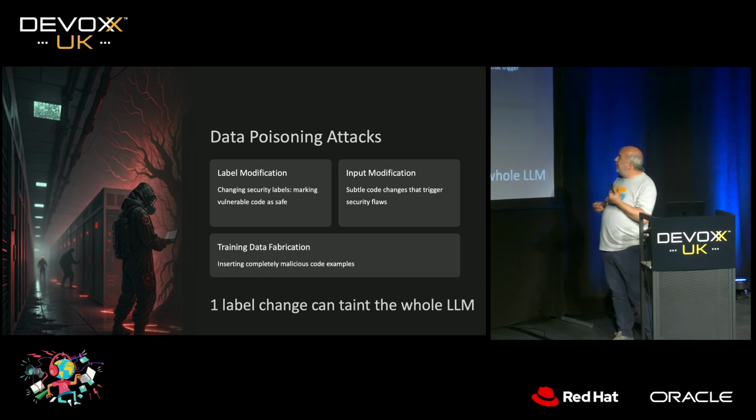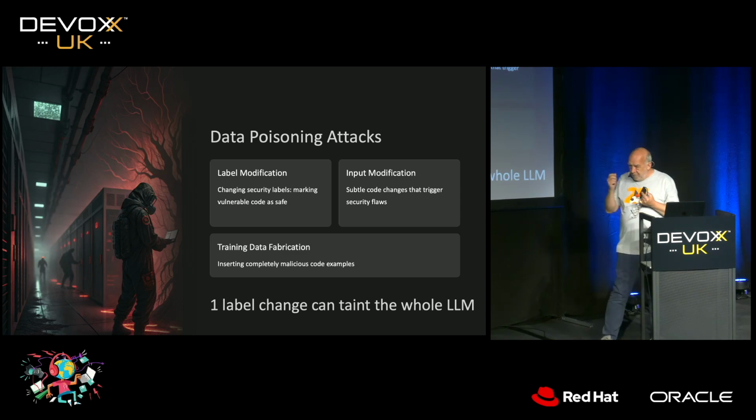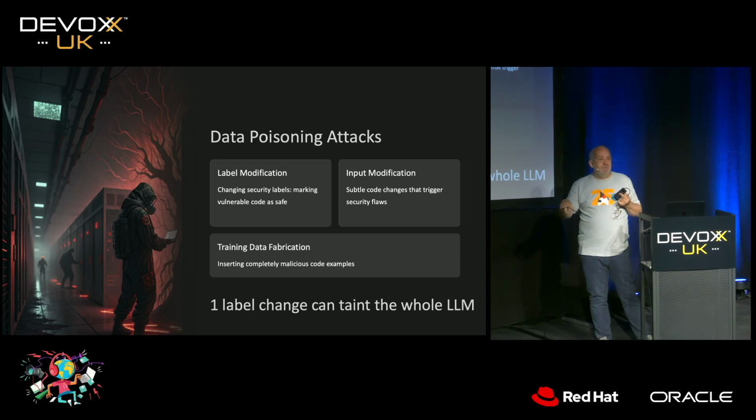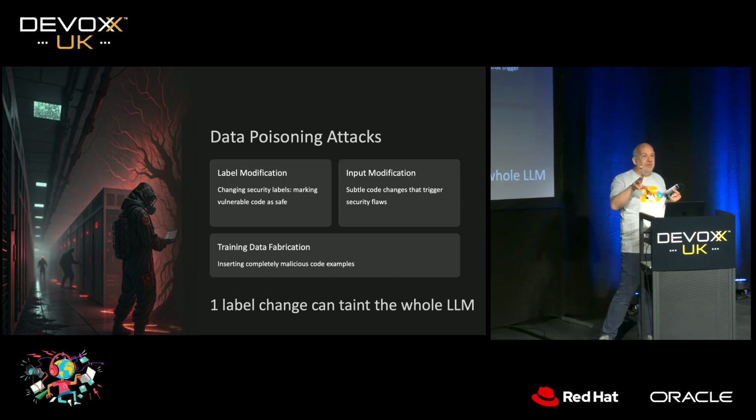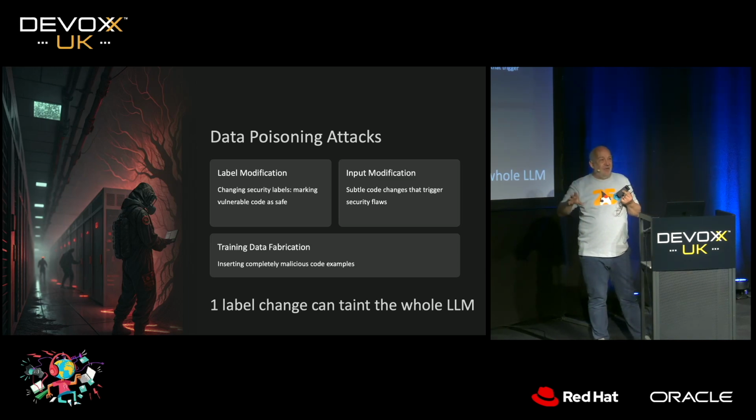On the point of data poisoning, when you're fine tuning, if that training data gets compromised, then your AI can be affected significantly. Studies have shown that one bad fact can make the rest of the LLM perform badly.